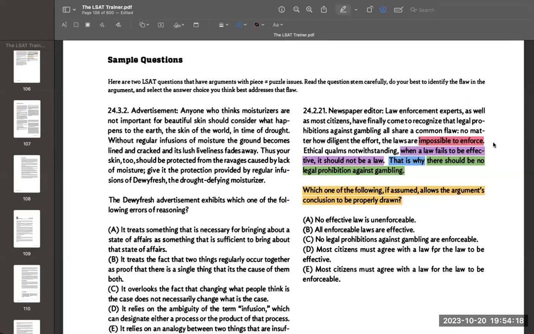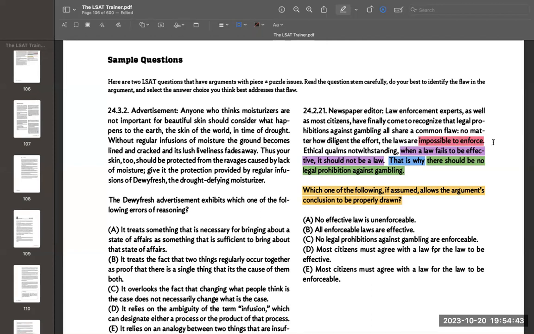Okay, so in this case, it's actually not the typical gap that we see, which is between that key premise toward the end of the argument and the conclusion. It's actually a gap between two of the premises, between legal prohibitions against gambling being unenforceable, and then if something's ineffective, it shouldn't be law.